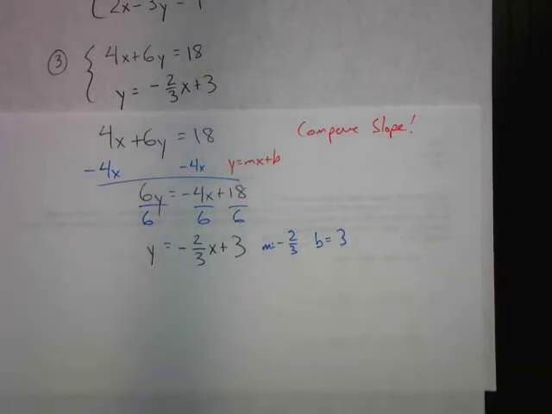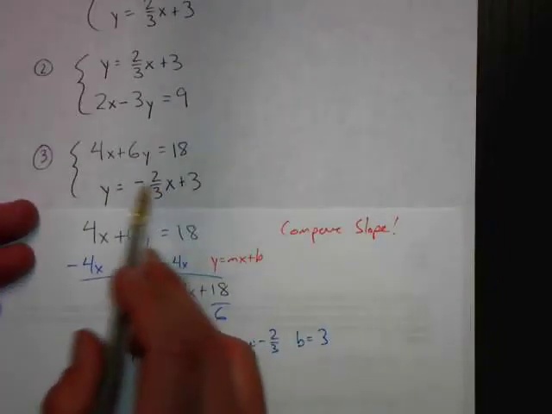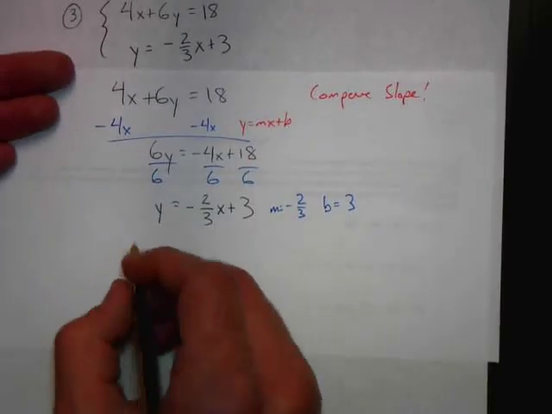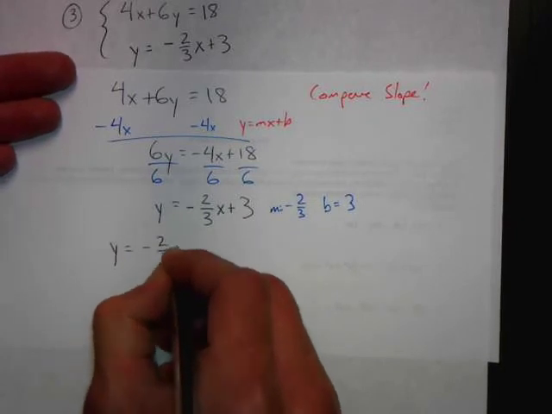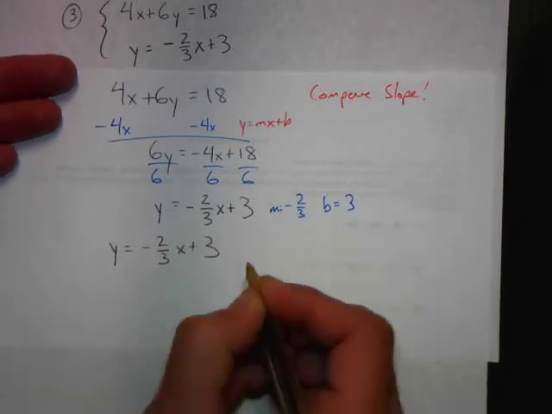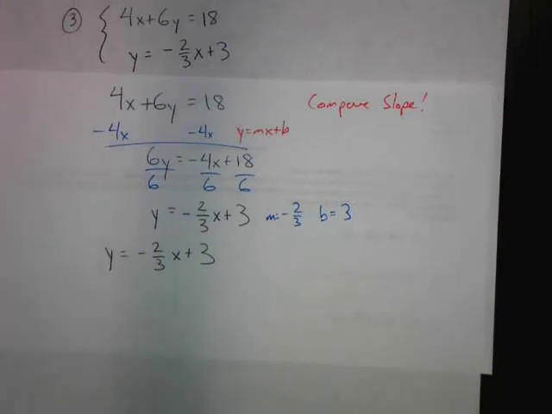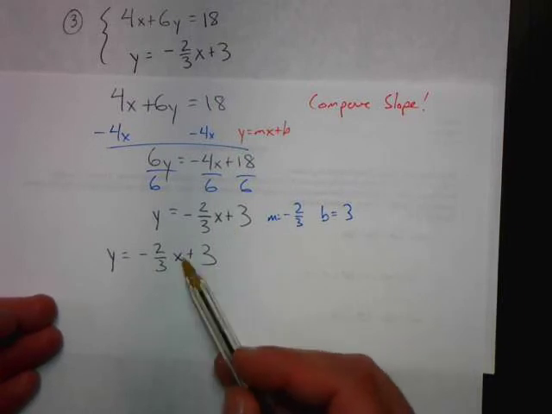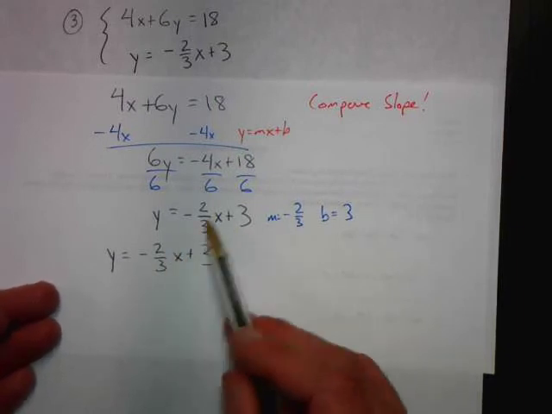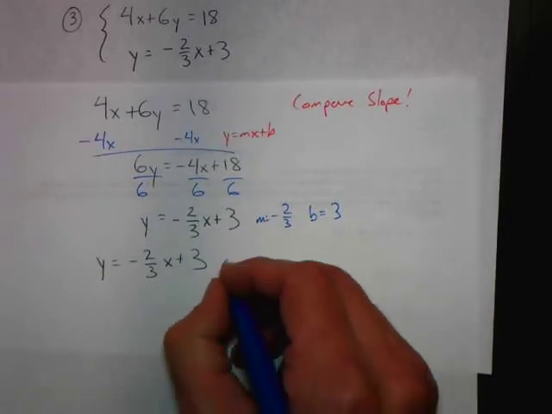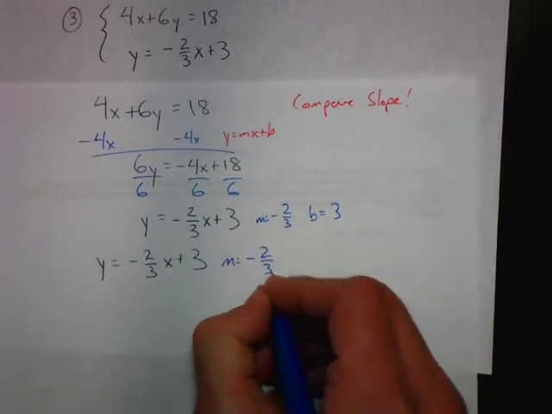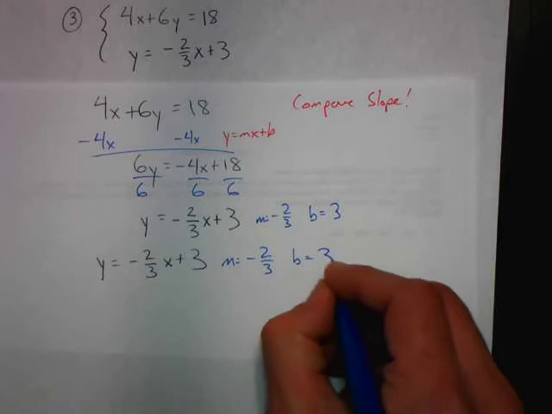All right, so now we've done the first equation. Let's take a look at the second equation. The second equation is y equals negative 2/3 x plus 3. Doesn't that look familiar? Holy cow, it's the same equation. That means this equation has a slope of negative 2/3 and a y-intercept of 3.